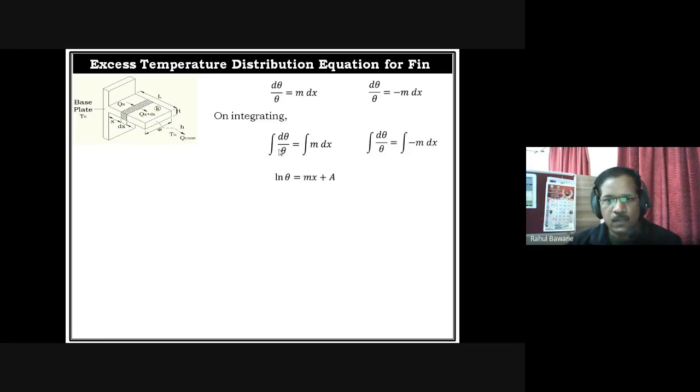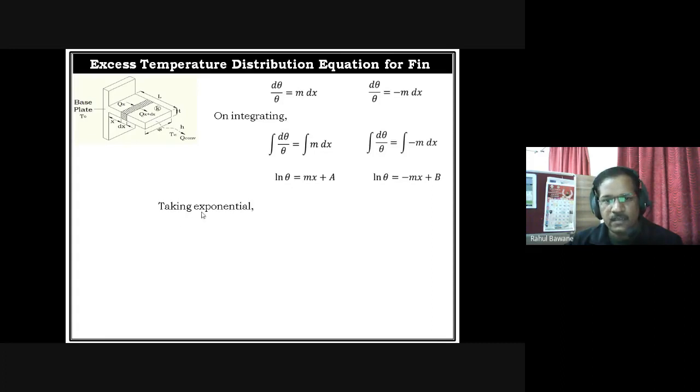Simplify this, it is 1 upon theta, so integration of 1 upon theta will be ln of theta equals mx. m is a constant, so integration of dx becomes x, and plus a is the constant of integration. On this side, ln of theta equals minus mx plus b, the constant of integration.